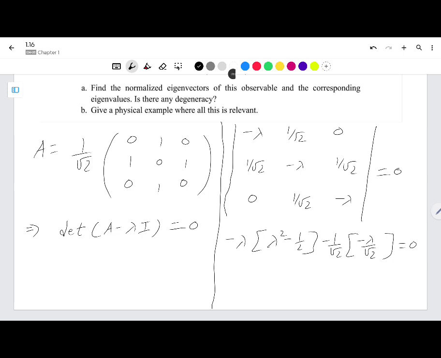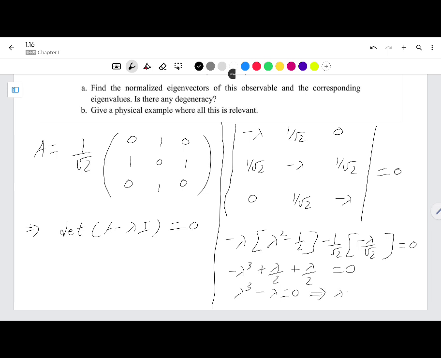This is this number q plus number by 2 plus number by 2 is equal to 0. Number q minus lambda equals to 0.